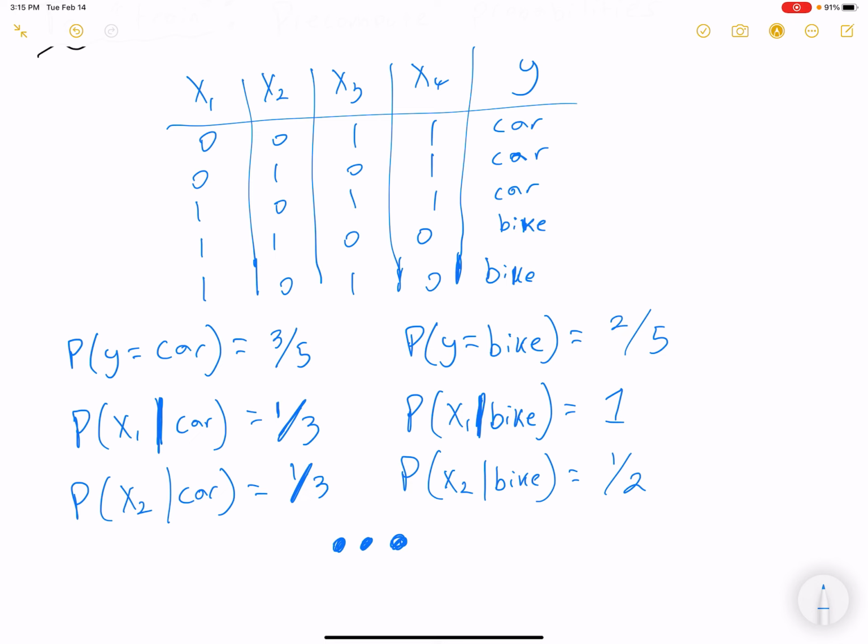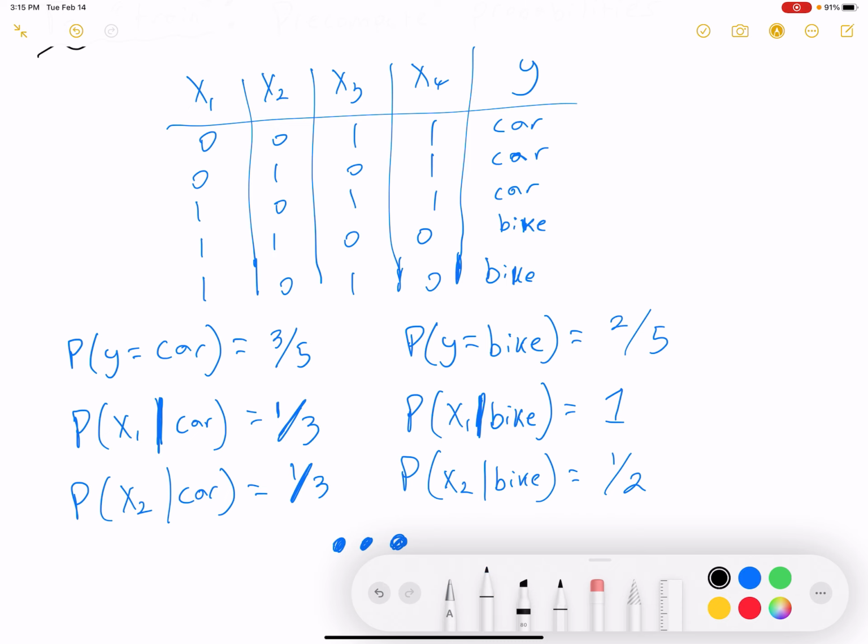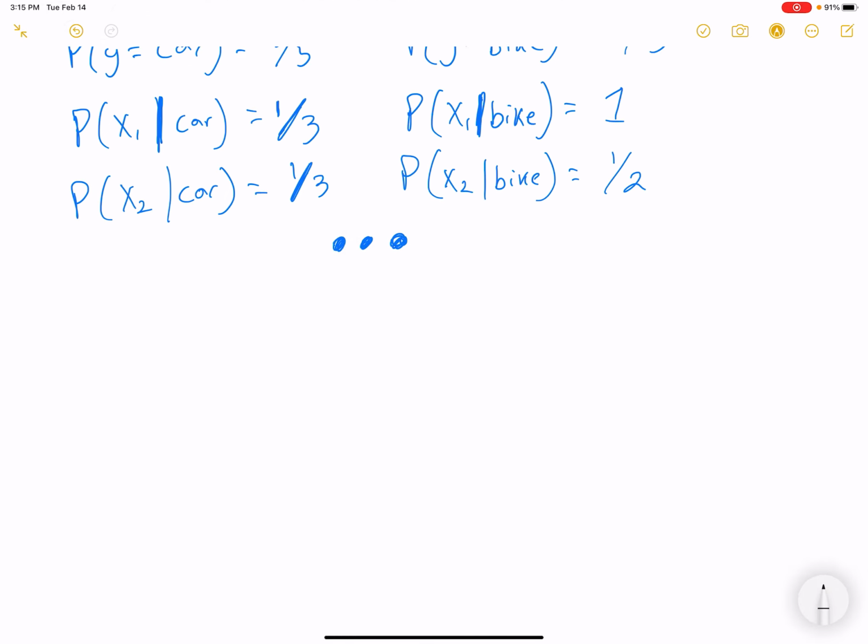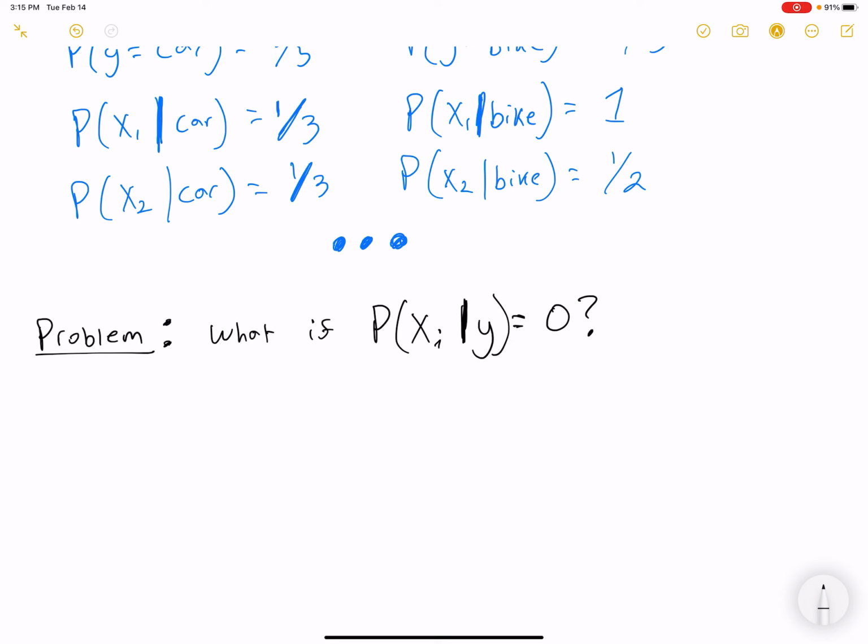Okay, cool. So a couple other new things about naive Bayes, one of which is important for the homework. One potential problem with this method is, what if the probability of xi given y is equal to 0, which means that there are no examples where given that it's bike, xi is 1.